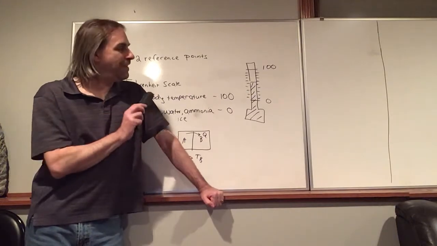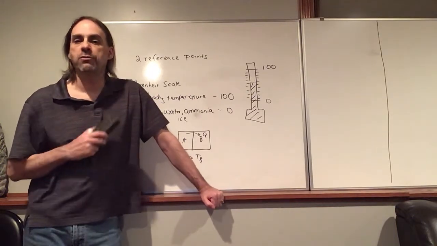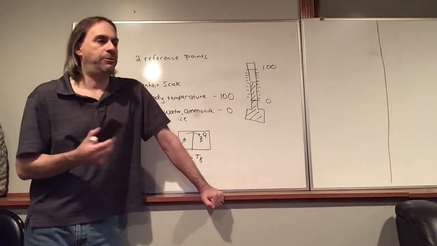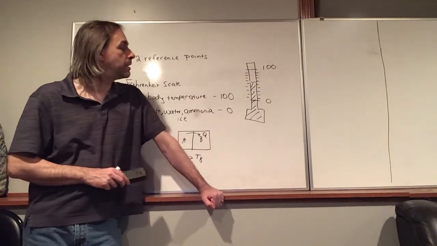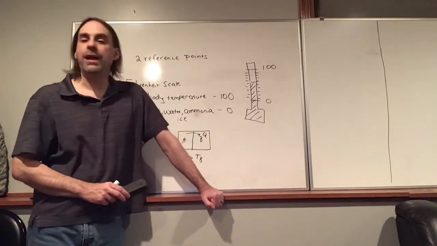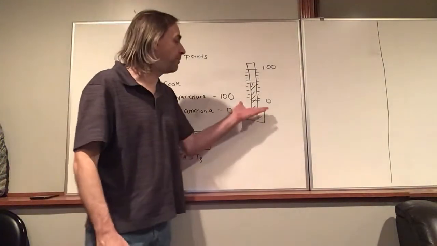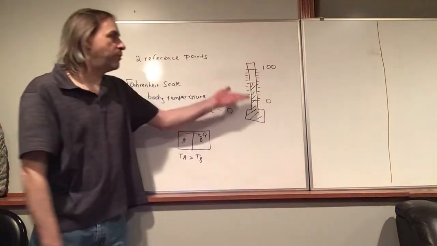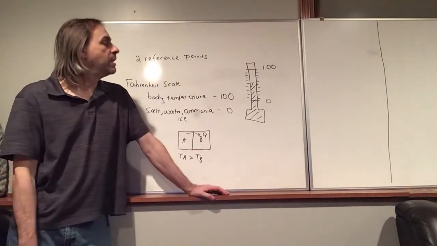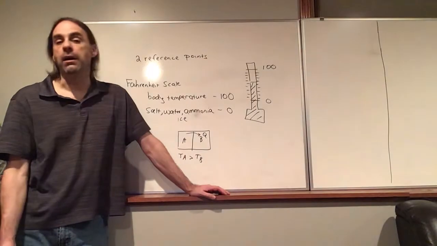Now, unfortunately, the Fahrenheit scale, this is the first one that was designed, and I actually like the Fahrenheit scale because it's got a pretty good range. Most things we interact with are between 0 and 100 degrees. So it's actually a really nice scale.